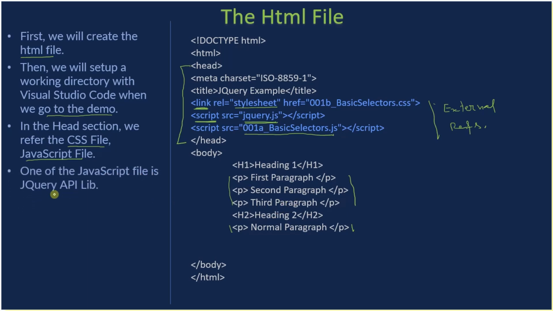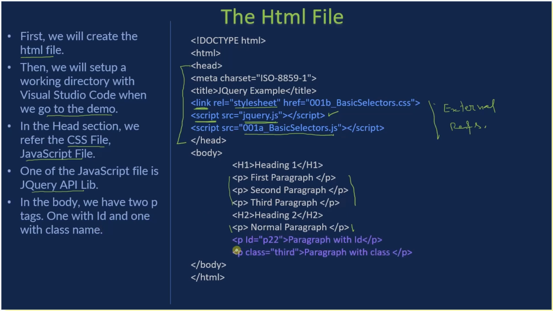In the body, we have two p tags, one with an ID and one with a class name. If you see, here is the paragraph tag. We already have some paragraphs here, but they don't have any specific attribute. But in these two paragraphs, we have ID equal to p22 and class equal to third.